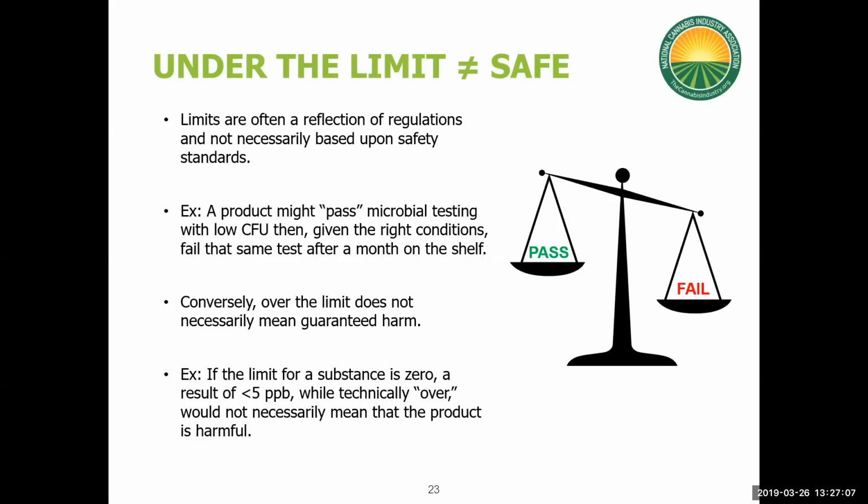So with that being said, it's important to note that under the limit does not necessarily equal safe for this reason. These limits are a reflection of regulations and not necessarily based on safety standards, although they do all uphold safety standards. There isn't consistency within the US when it comes to what these limits are.